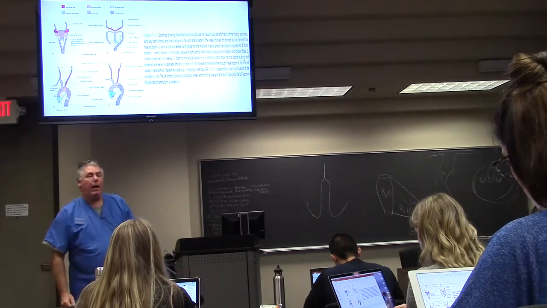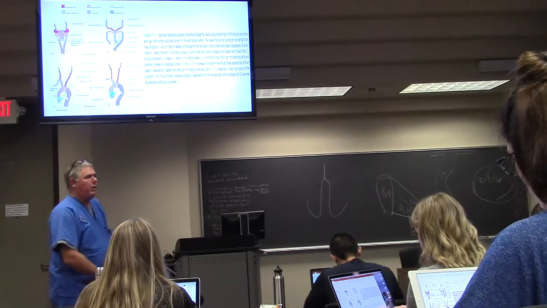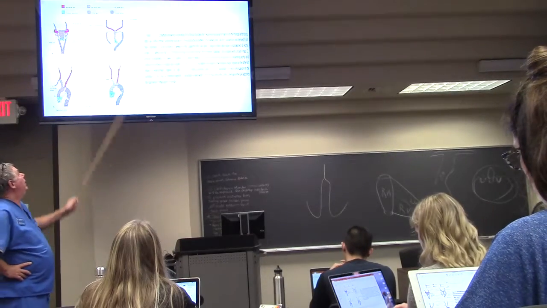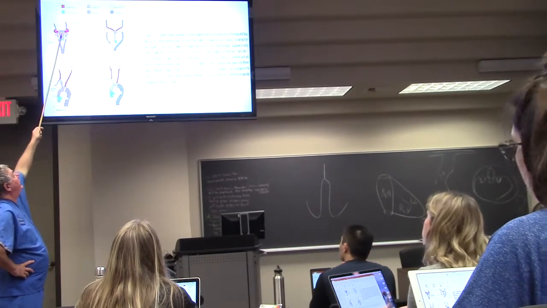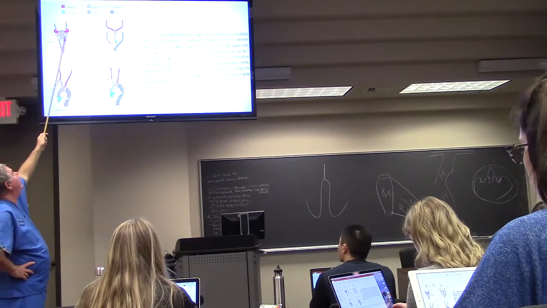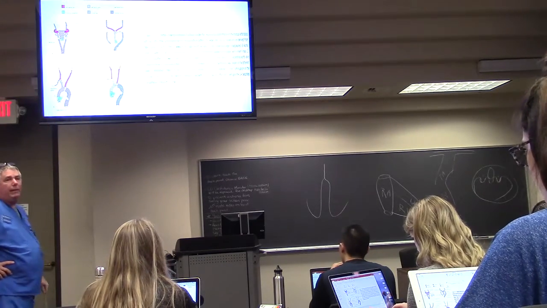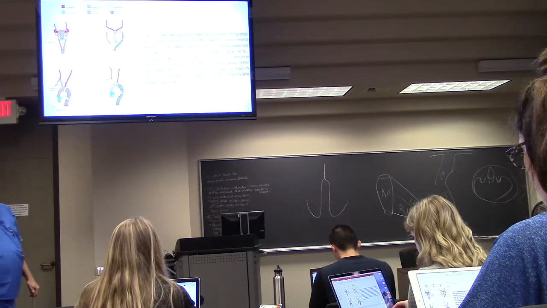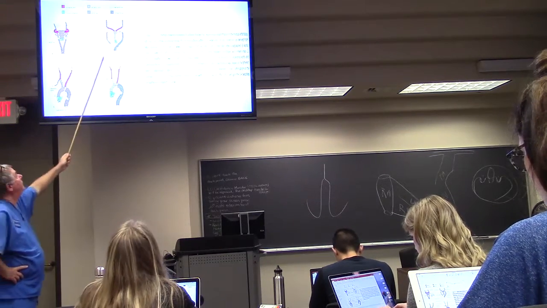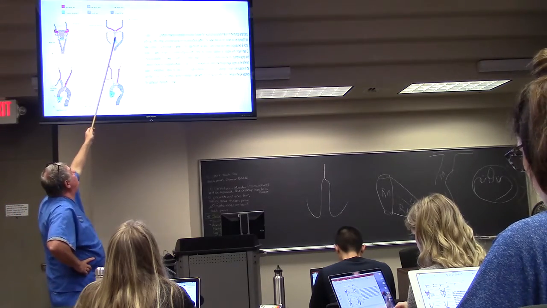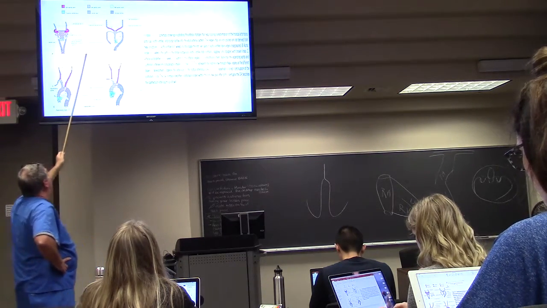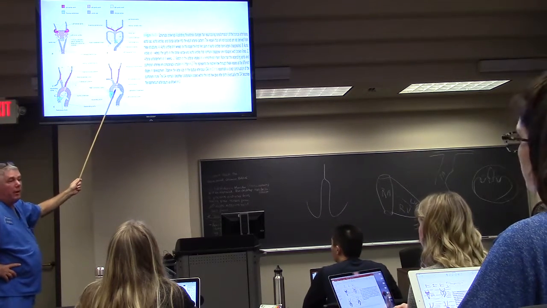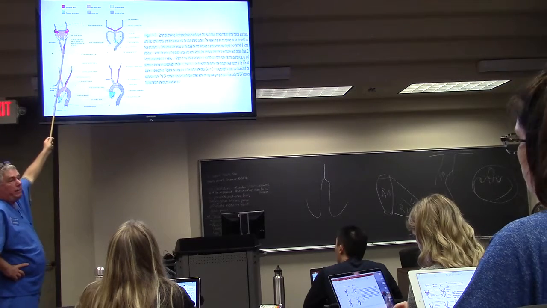You started out when you were a tiny, tiny embryo with 6 arches. So these arches are here. The first 2 degenerated. The 5th one is rudimentary. So you really only have 3 arches: 3, 4, and 6. These arches started fusing and degenerating, and then finally what you wind up with is this right here that looks nothing like what you started with.